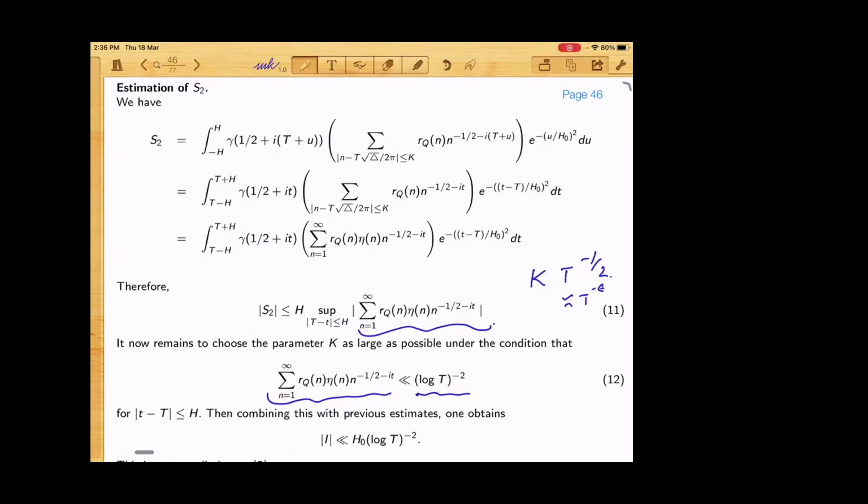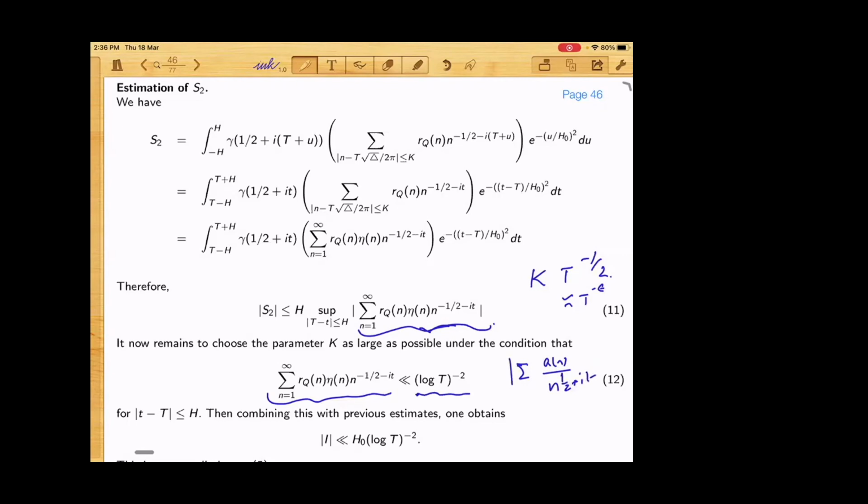Estimating it trivially, one would get t to the power half plus epsilon, the earlier bound. And therefore it required a sophisticated way of handling things, which luckily Jutila had done earlier in the TIFR lecture notes. He developed this summation formula and transformation formulas, which helped him to estimate the bounds for cusp form L functions.